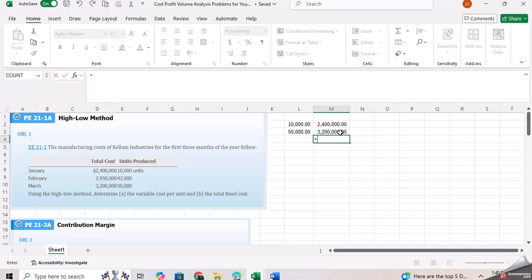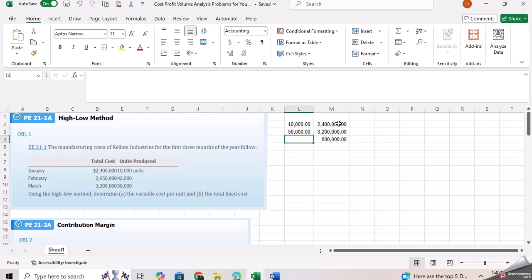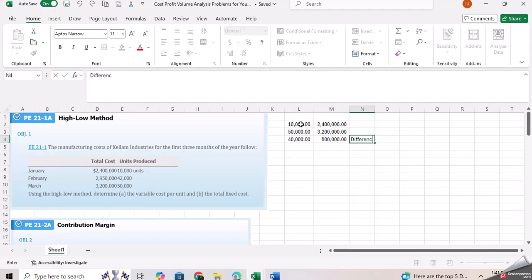So then our difference is the high minus the low. And then our difference here is the high minus the low. So then if we take the $800,000 divided by the 40,000 units, that will give us a price per unit.